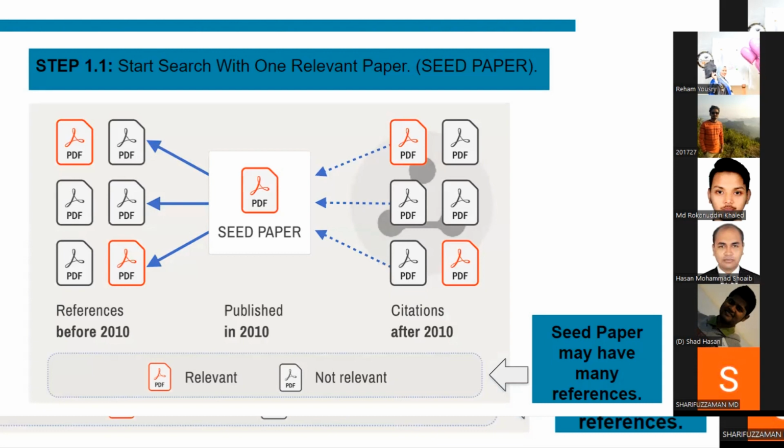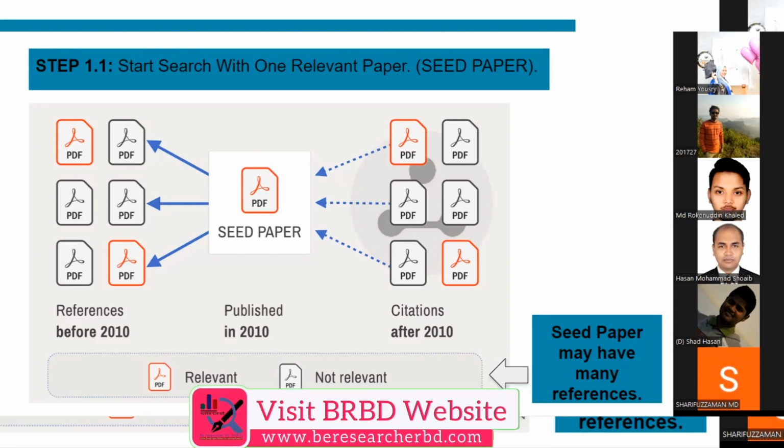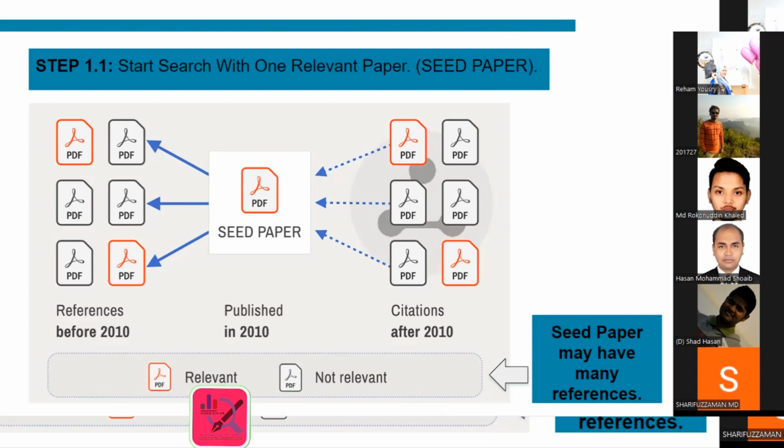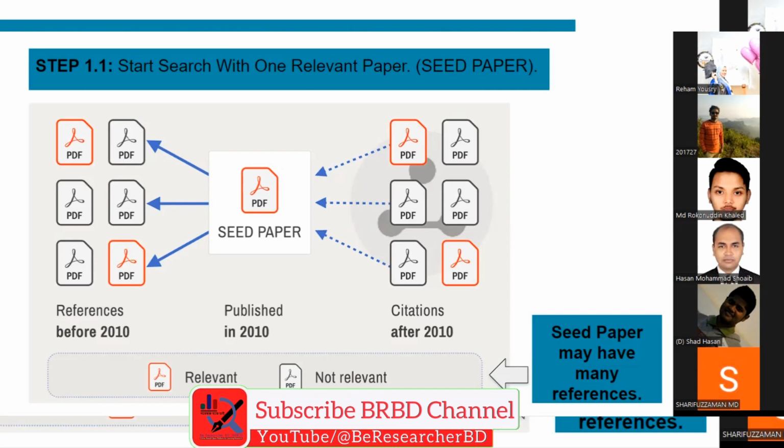So you can get references from before this paper was published. For example, this paper is published in 2010. You can get all the references that were published before 2010. But you don't get the relevant information published after 2010, which is more related and relevant to your topic. So what will you do?